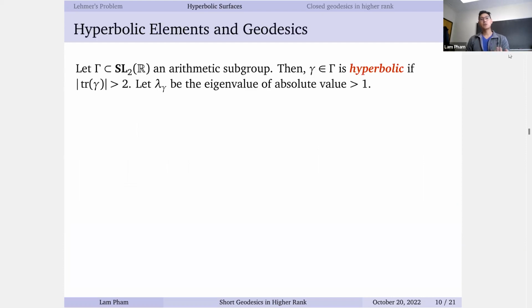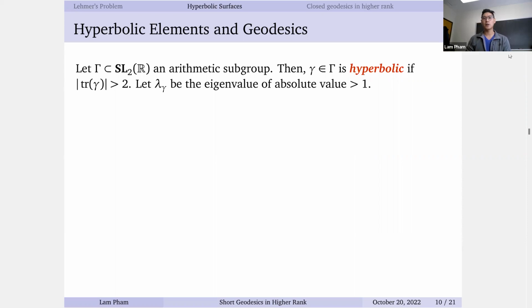Okay, so now you see how this arithmetic subgroup arises as an example. And now we look at special elements inside this arithmetic group, gamma. The elements we focus on are hyperbolic elements. The classification of elements in PSL2R or in SL2R, as transformations, for instance, of the upper half plane, is hyperbolic, elliptic, and parabolic.